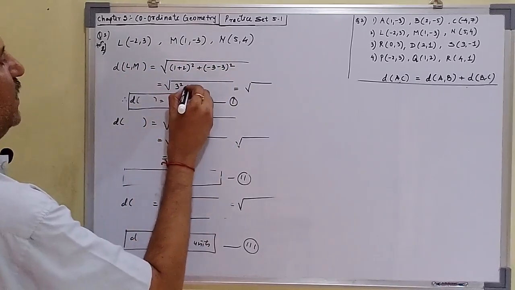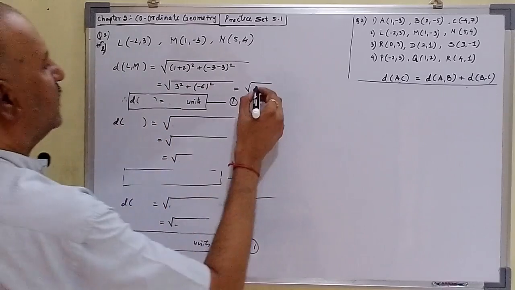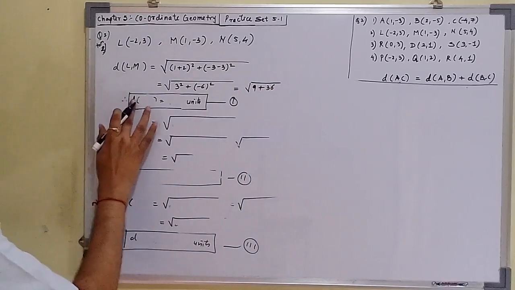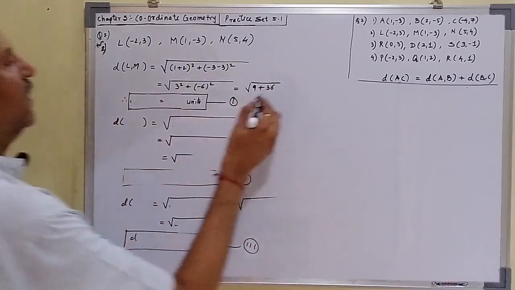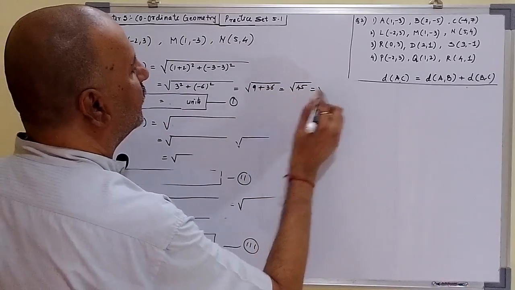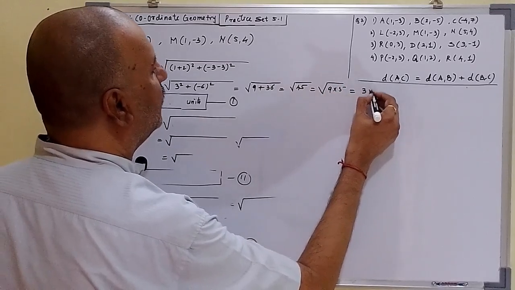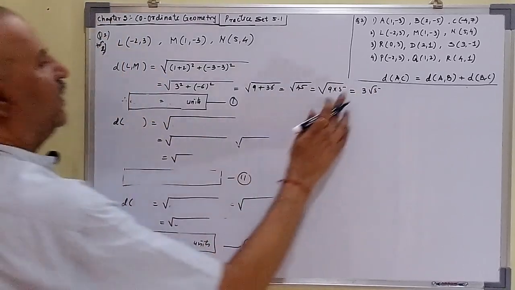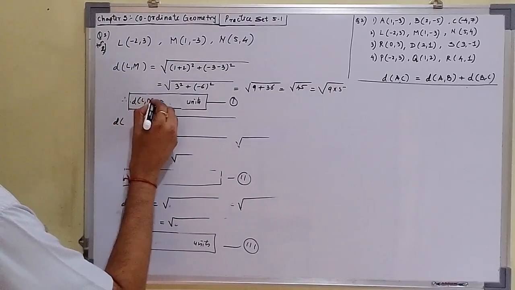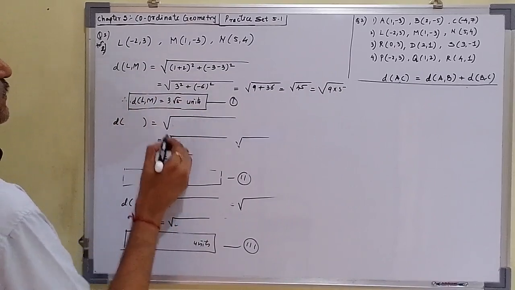So you will get 3 squared plus (-6) squared. 3 squared is 9 plus 36, how much did we get? 45. So it will be 9 into 5. This will be 3 root 5. So we can write it directly here: distance LM is 3 root 5.